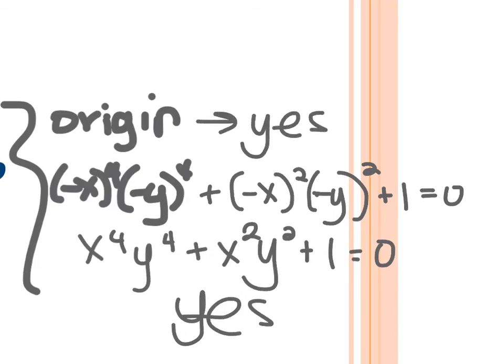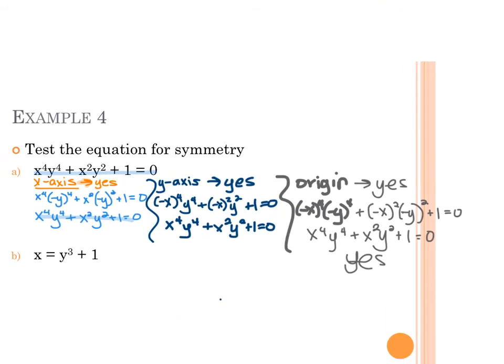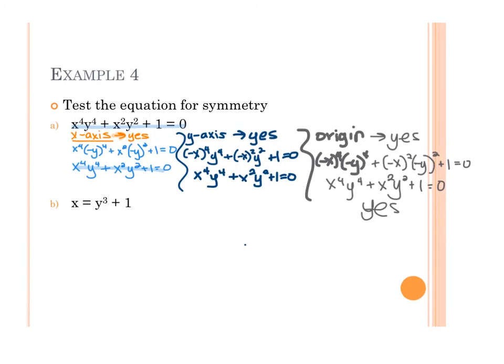So this is symmetric to all three, okay? If I fold it left, right, top, down, or along the y equals x line is how you figure out origin, then it would be all three. So think about what else would make it, because you don't have to go through the work all the time if you know what you're doing. What else is going to make a negative go away?